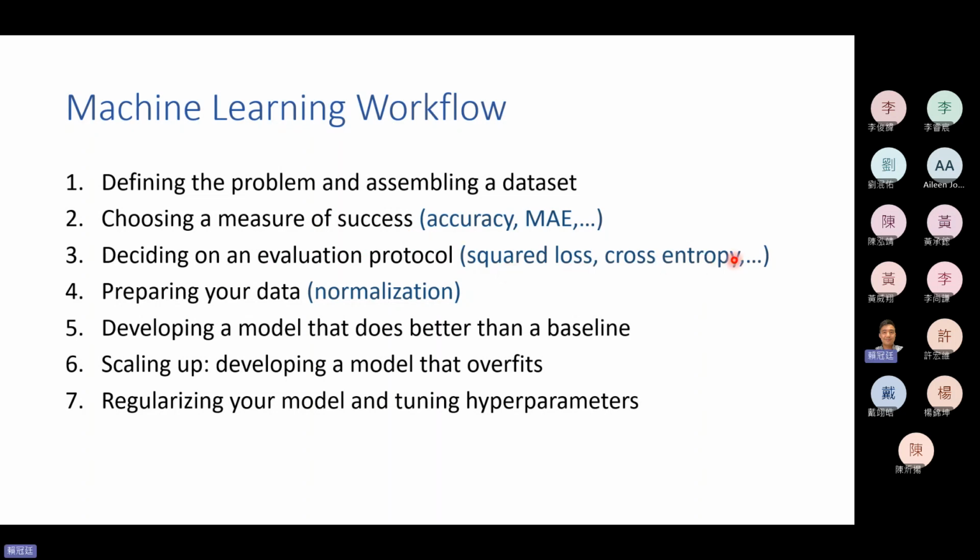You will use the loss function to calculate the gradient, and then normalize and pre-process the data, and develop a model that does better than a baseline. You can use a simple algorithm like KNN as a baseline. Your model needs to be better than the simple algorithm, otherwise it's not useful. Then you can scale up to a large model to overfit, and then regularize your model and tune hyperparameters. That's the common machine learning workflow.